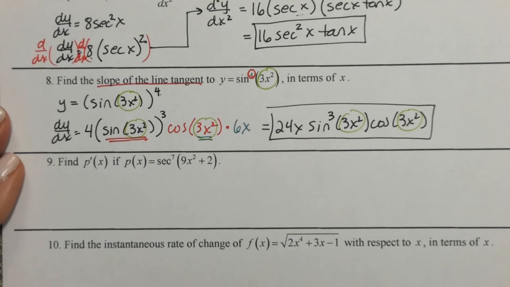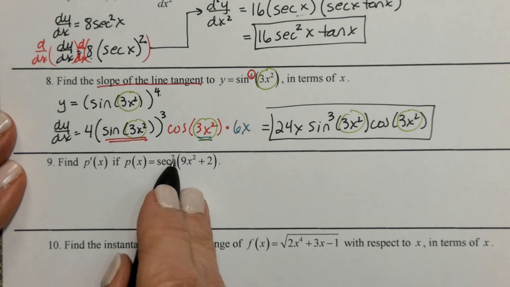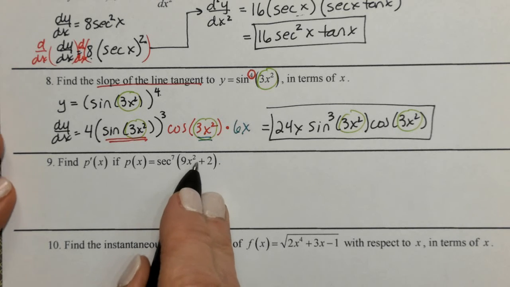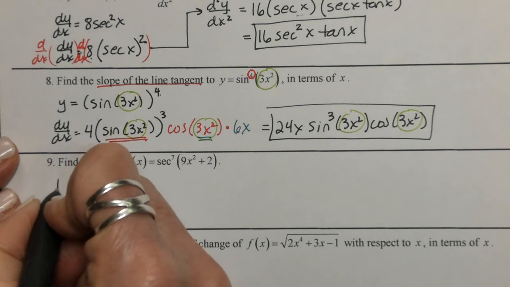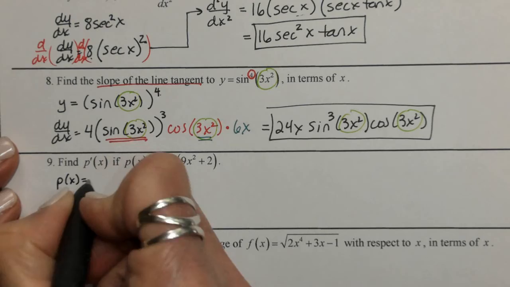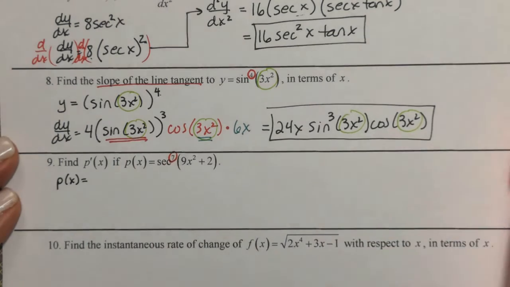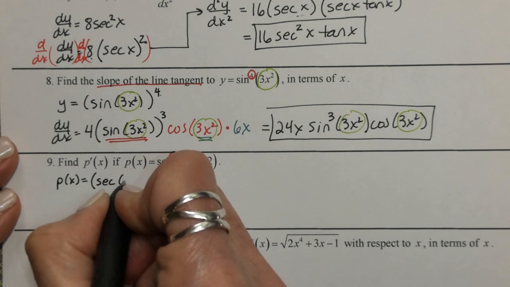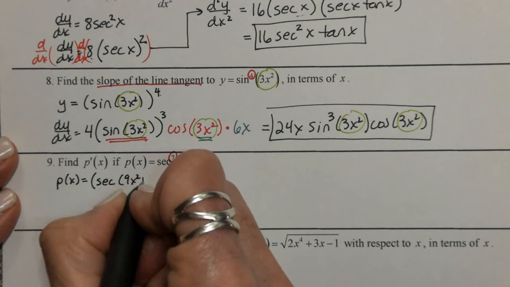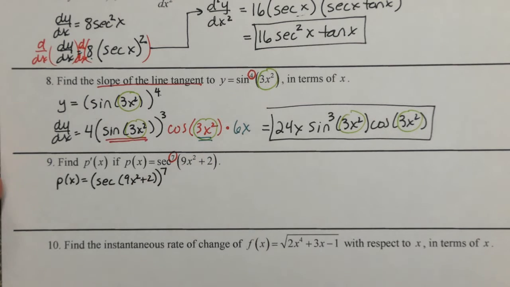Let's do another one. Here we have p of x is secant to the 7th of this, and we're asked to find the derivative. So I'm going to rewrite p first, because I see this power on the trig function. So I need to rewrite that as secant of 9x squared plus 2 all to the 7th power.